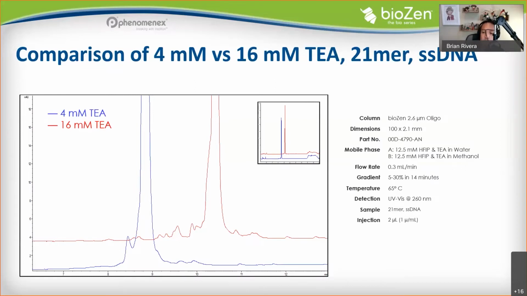And of course, if you add a little bit more, that's going to, in general, yield a more favorable impurity profile. So here comparing 4 millimolar versus 16 millimolar TEA for this 21-mer single-stranded DNA. 16 millimolar, that's quite high. You might be hesitant to use that amount, but ultimately you are going to get a much better separation there. And if separation is a concern, the higher amounts of alkylamine are certainly going to help.